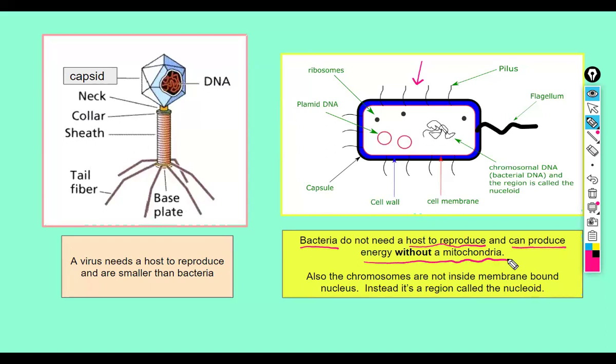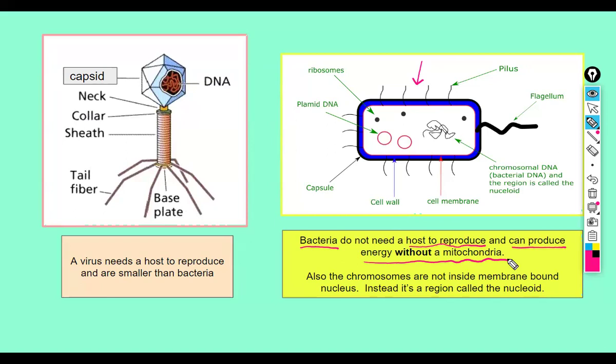A lot of people think that all living organisms need a mitochondria to perform respiration, to produce energy. That is simply not true. A lot of bacteria do not even have a mitochondria, but they have other mechanisms they can use to produce energy.